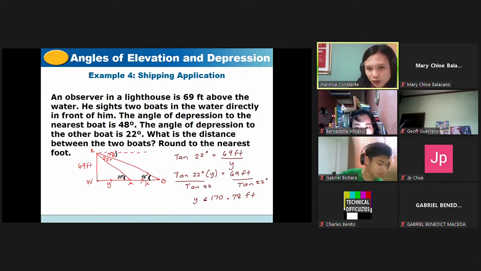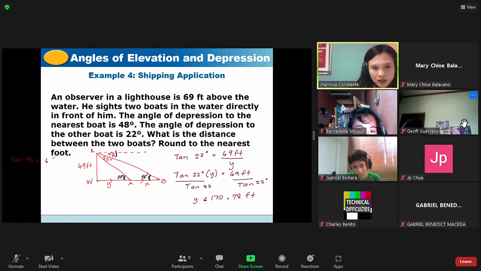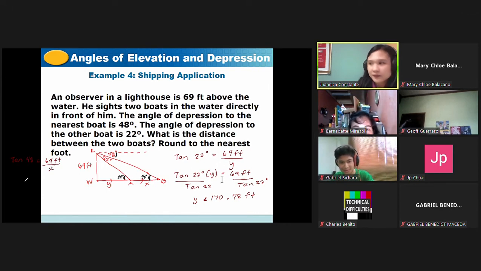So we're going to solve for the distance which stands for x. The same trigonometric ratio, we're going to use tangent. Tan 48 equals the opposite, which is 69 feet, divided by x. So tan 48 degrees times x equals 69 feet.